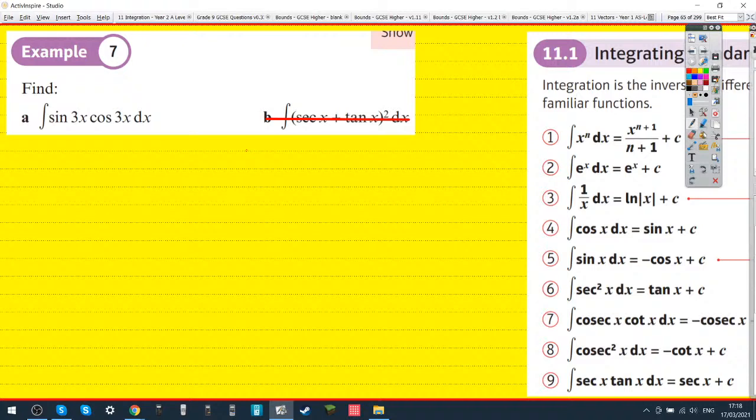Okay, how about this? And just so you don't snake me, I'm writing this up here. Sine a cos a is equal to half sine 2a.